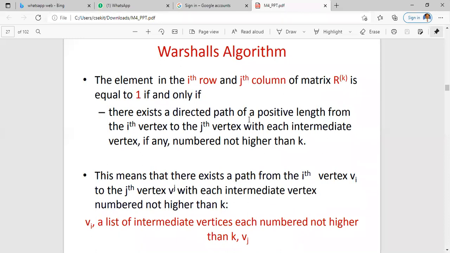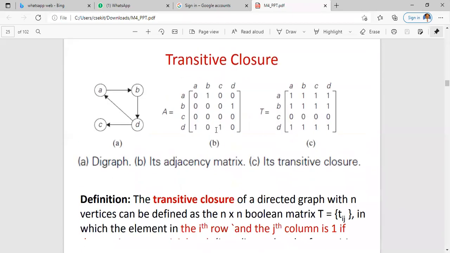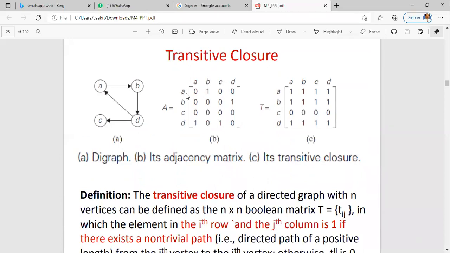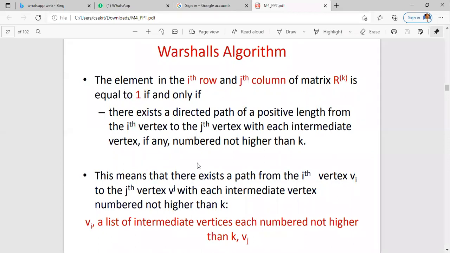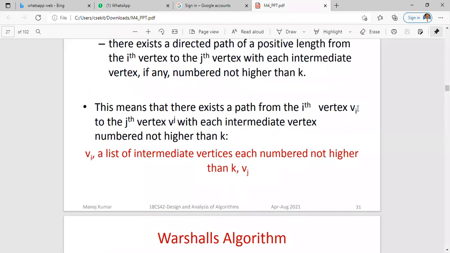Here we have a directed path from ith vertex A to jth vertex B, from B to D, and from D to A as well as C. That is the I and J value. This means there exists a path from ith vertex Vi to jth vertex Vj with each intermediate vertex numbered not higher than k.